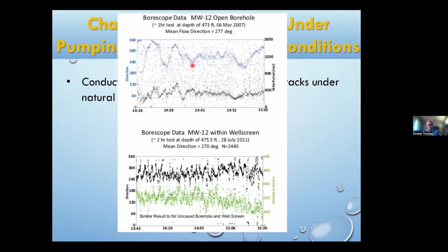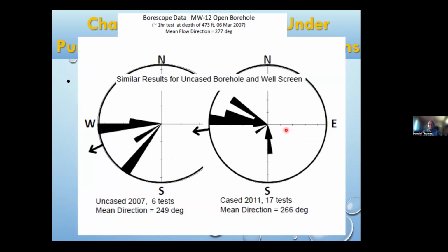So this is showing data gathered from a specific well in the open hole section, and then in a screened well where there's only a short section open to study, and they show very similar results. Those results then are plotted up in what's called a Rose diagram.